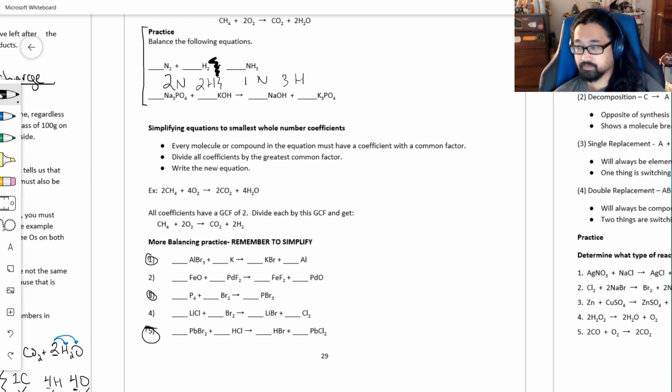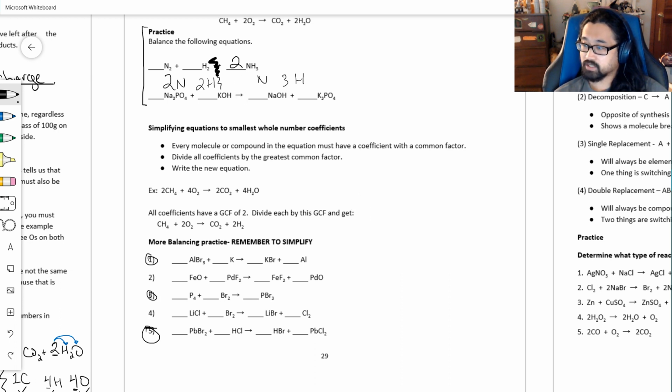So, because my right side number of nitrogen is smaller, I'm going to add a 2 right here. Sorry, technical difficulties.